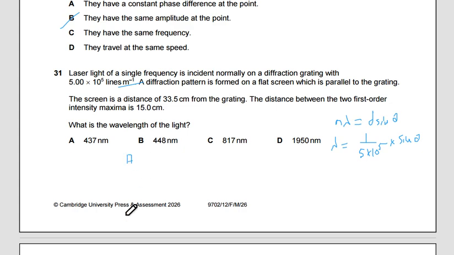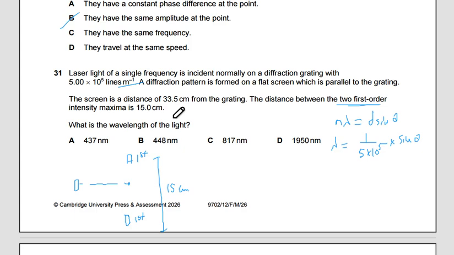The question gives distance between first to first order maximum. Okay, so if the grating is here and this is the center, it is between the first maximum up and the first down. This is the 15 centimeter distance.